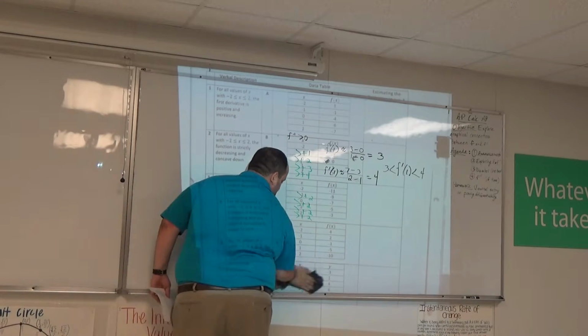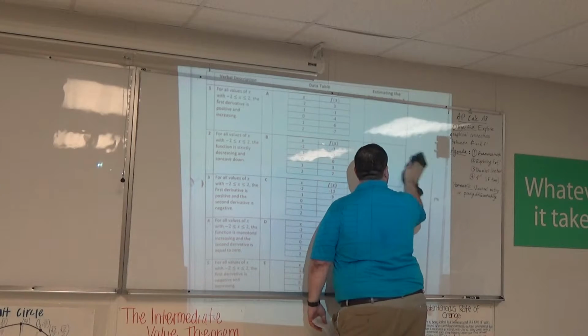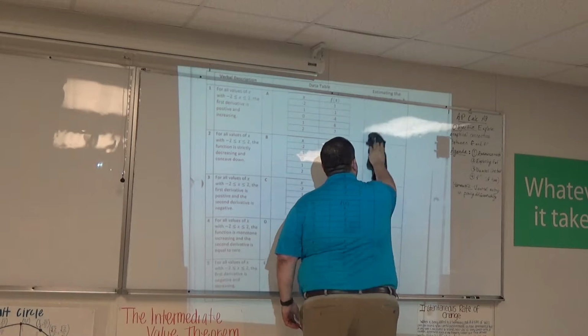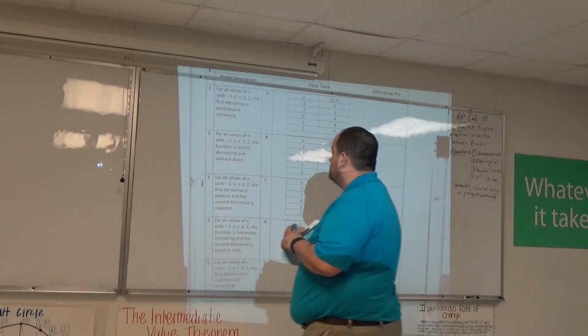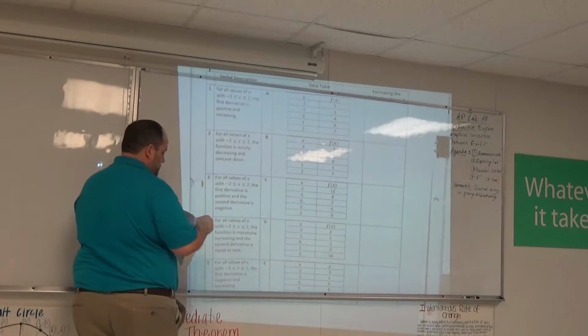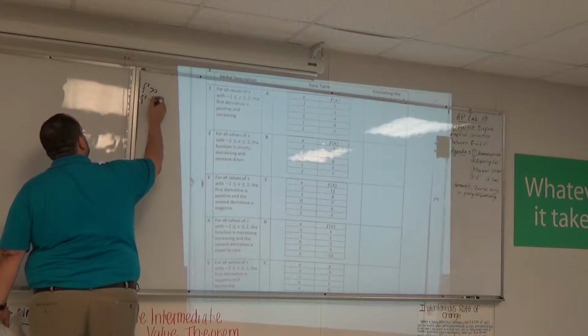Where do you put the G? Strictly decreasing. And then it's going to come down. The function is strictly decreasing.